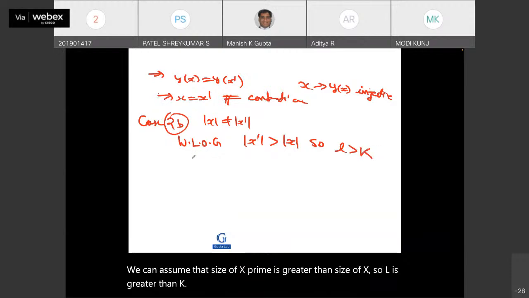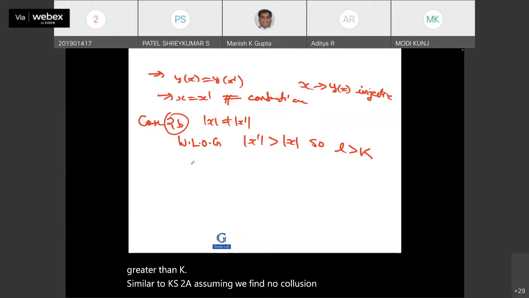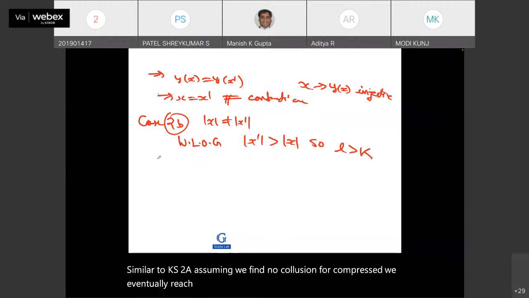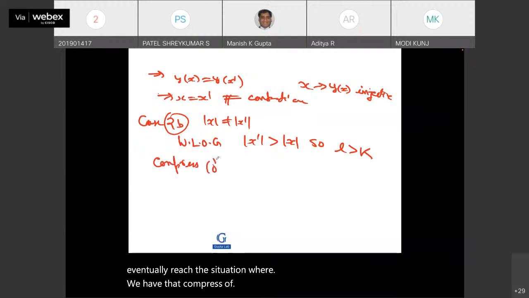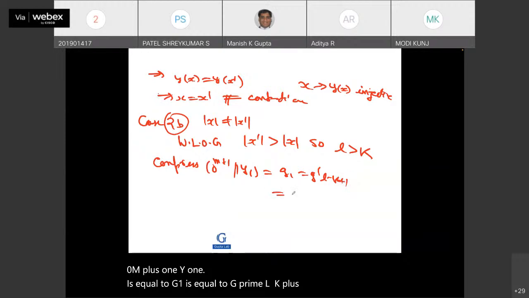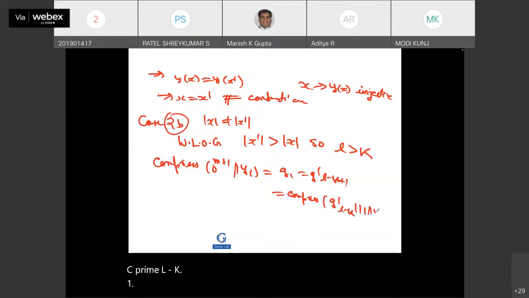Similar to case 2a, assuming we find no collision for compress, we eventually reach the situation where compress of 0 m plus 1 y1 is equal to g1 is equal to g prime l minus k plus 1 equal to compress of g prime l minus k 1 y prime l minus k plus 1.